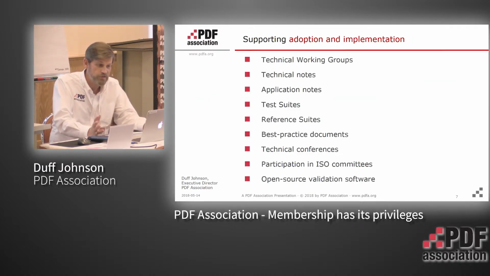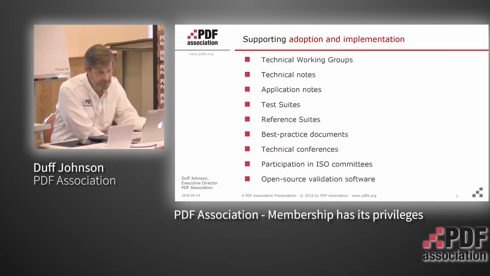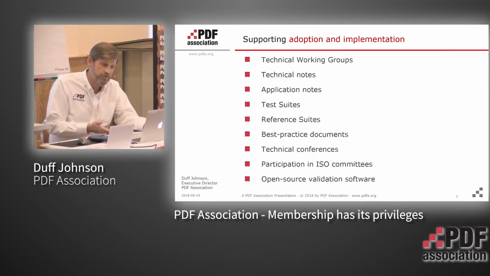So how do we support adoption and implementation of ISO standardized PDF? There are a variety of resources. These are characteristically resources, that I'm listing here, from the technical side of the matter. We also promote these things through marketing resources as well, as I'll explain shortly. So a variety of technical working groups and application notes.